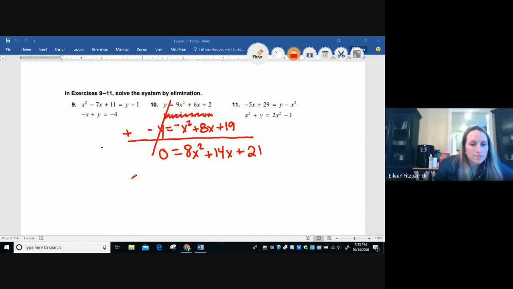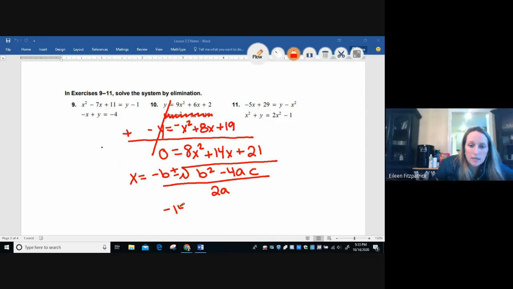We'll just do it. So x equals -b plus or minus the square root of b squared minus 4ac all over 2a. All right, so I'm going to have -14 plus or minus the square root of 14 squared, oh, sorry, I started copying what was above.